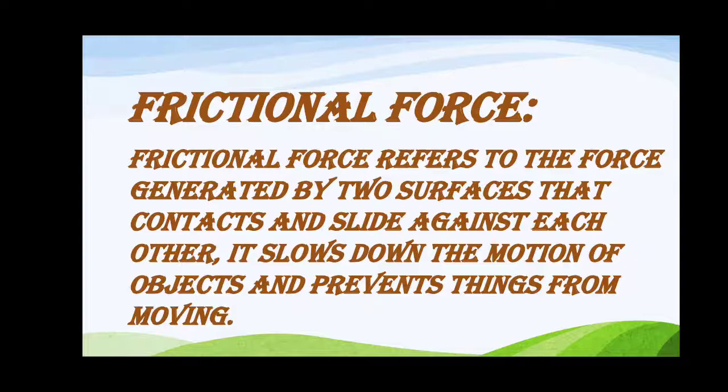So what do we call as frictional force? Frictional force refers to the force generated by two surfaces that contact and slide against each other, and it slows down the motion of objects and prevents things from moving. A detailed study of the frictional force, we'll be studying it in the next recording.